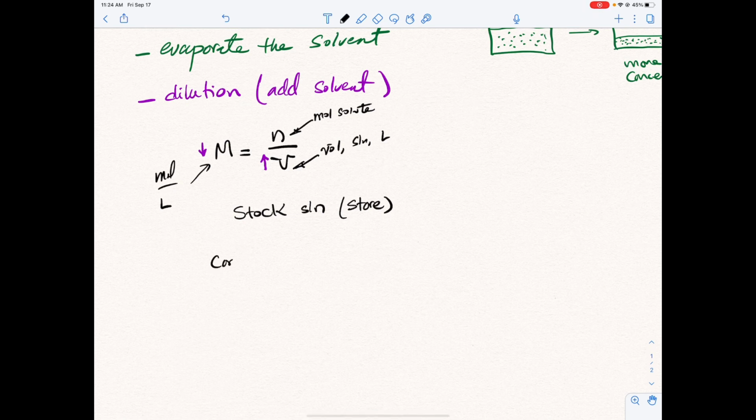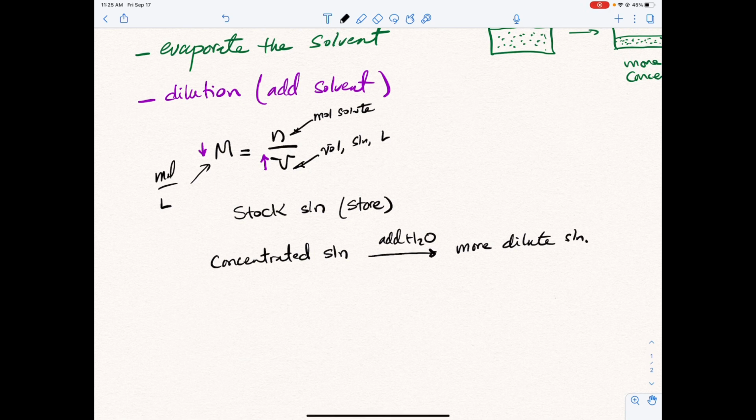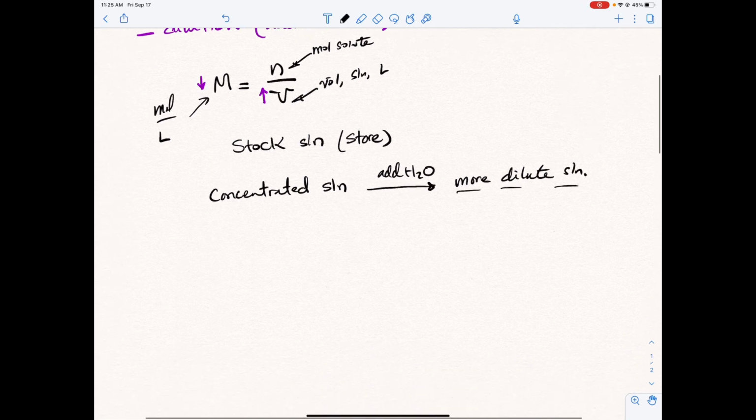So if you start with a concentrated solution, which is called stock solution, and you add water to it, let's say we work with common water-based solutions, you're going to make a more dilute solution. And the point of this is that the more dilute solution is made to the concentration that I want.